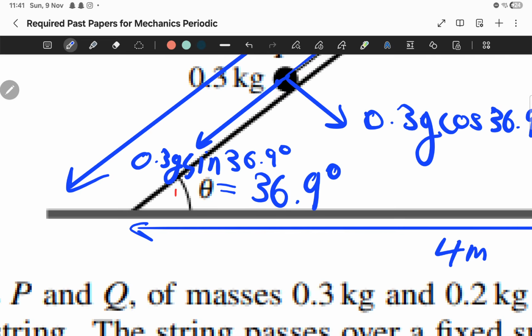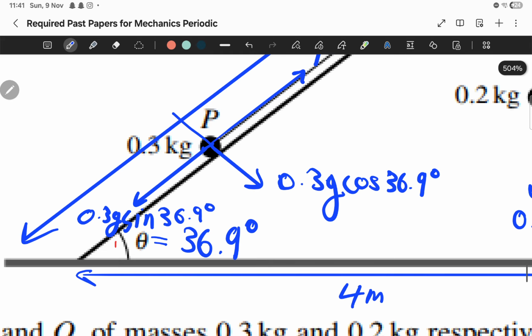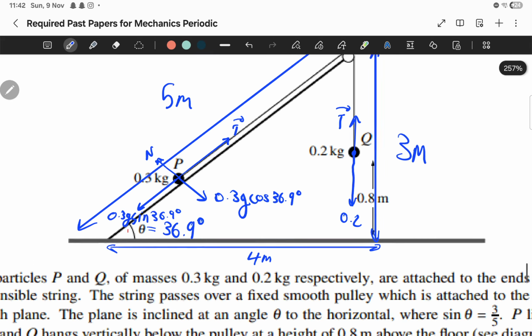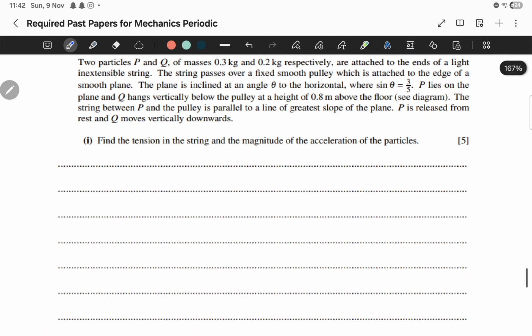Then you have the normal, and that's pretty much all your forces. Now, find the tension in the string and the magnitude of the acceleration of the particles.